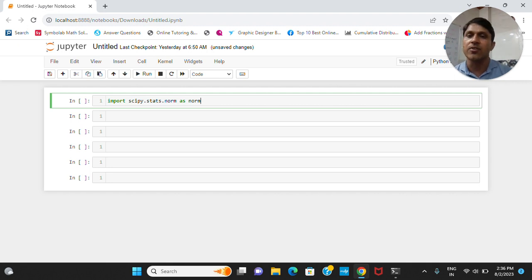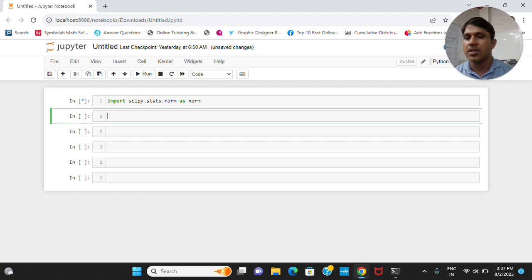This line of code will import the normal distribution library from the scipy module, stats of scipy module. So I will run it. Now it is running, and it is just importing the library. So let us wait for a minute.